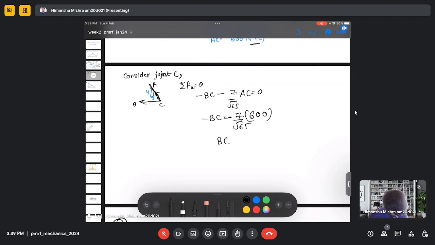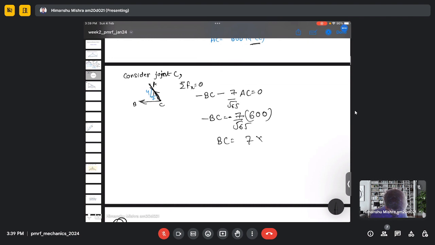So we will get BC as 600 divided by 8.06, which is 521 Newton in positive and at tension.